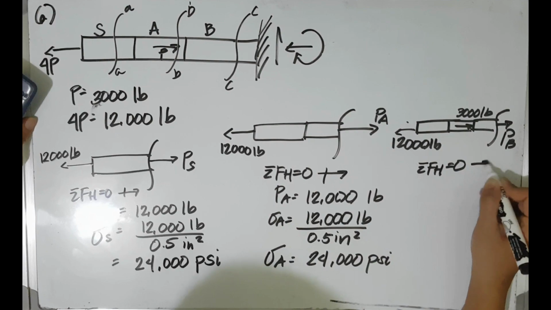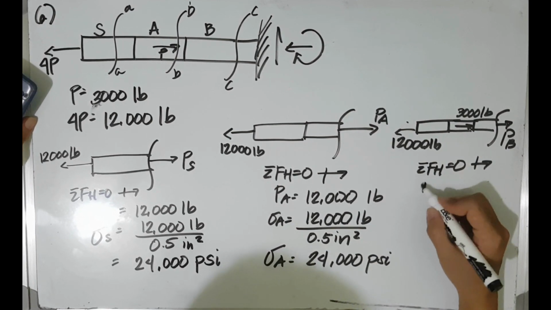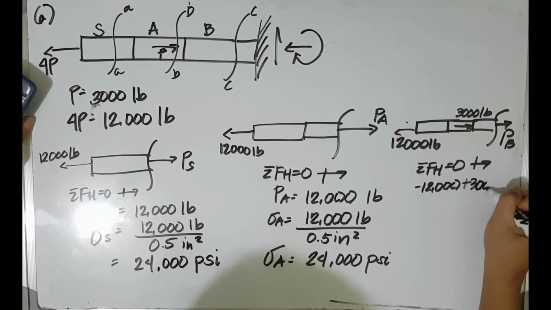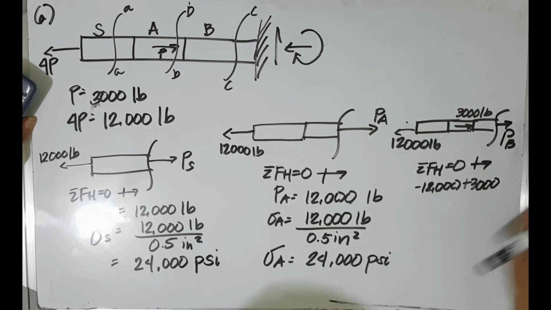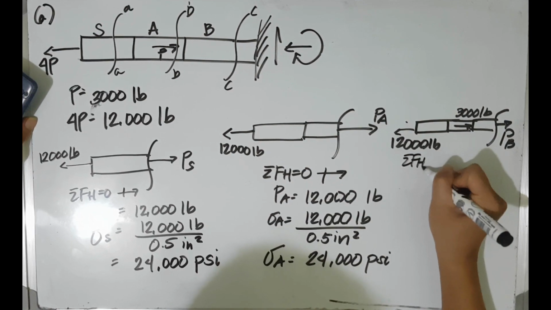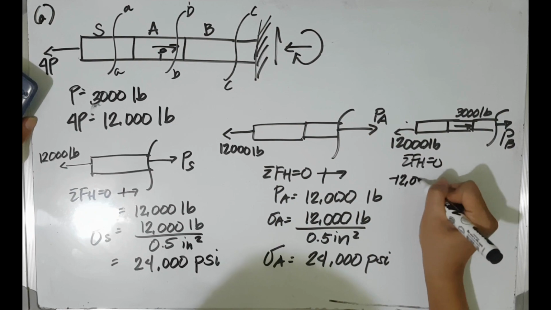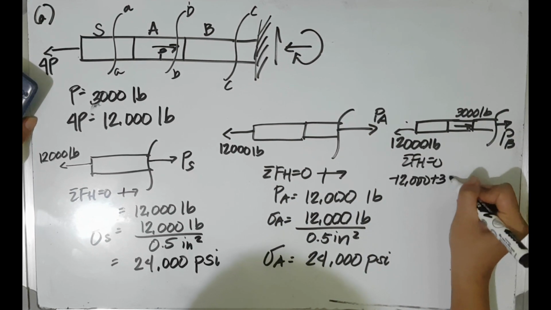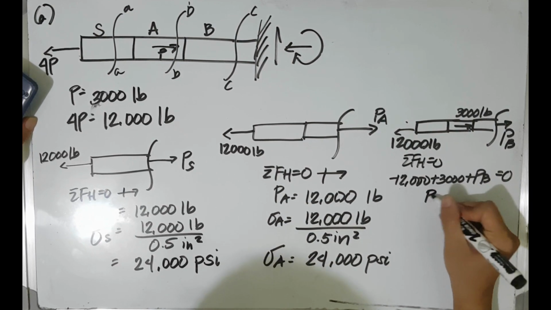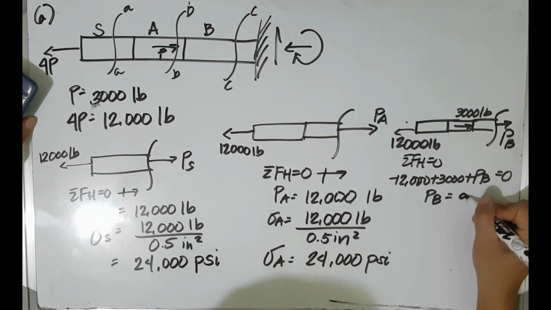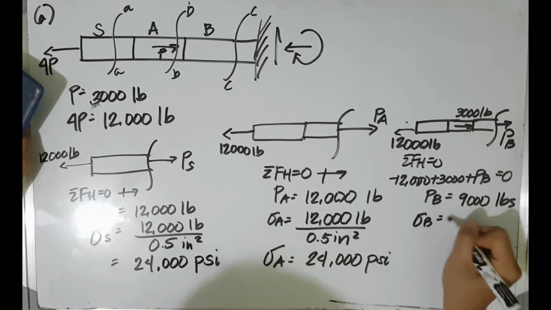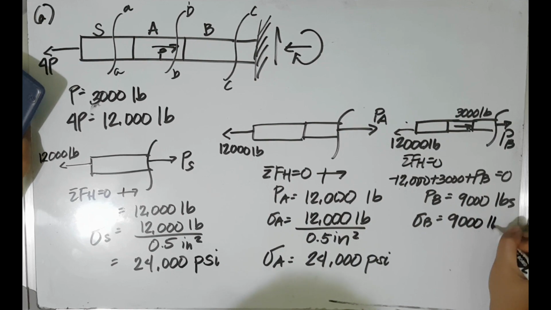So taking the summation of forces horizontal equal to 0, right direction positive. Therefore, the internal force acting on the bronze section is equal to 9,000 pounds.